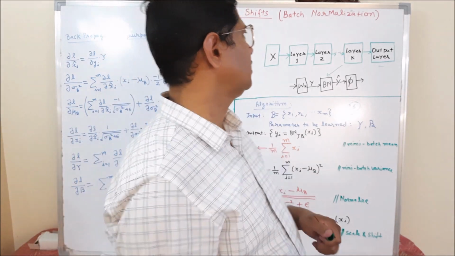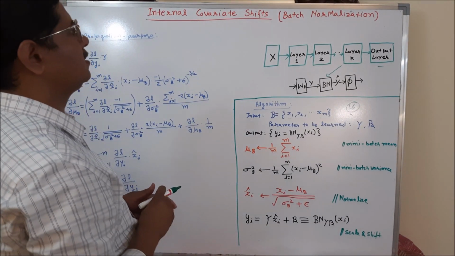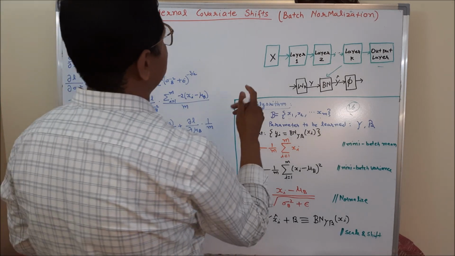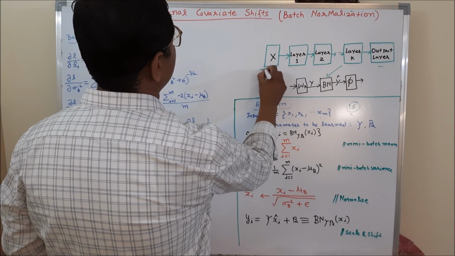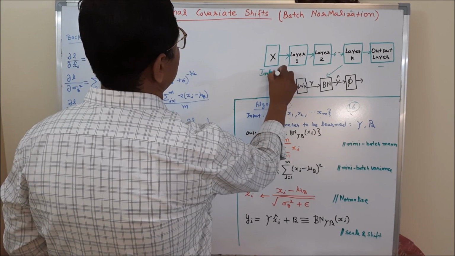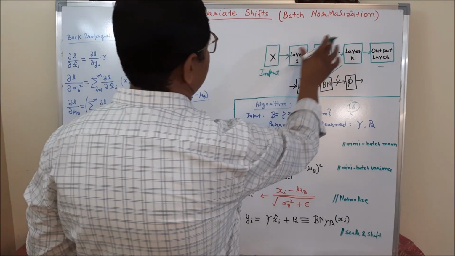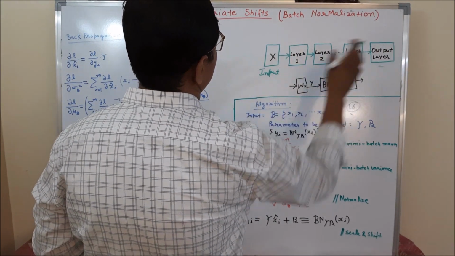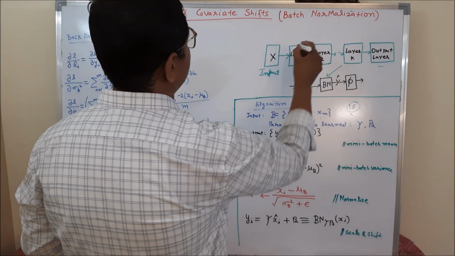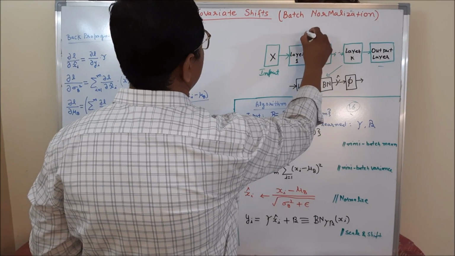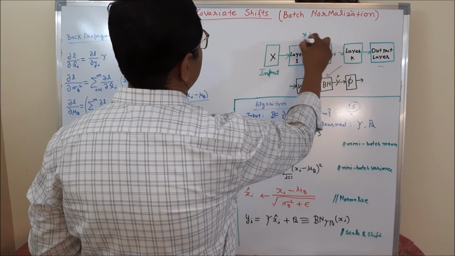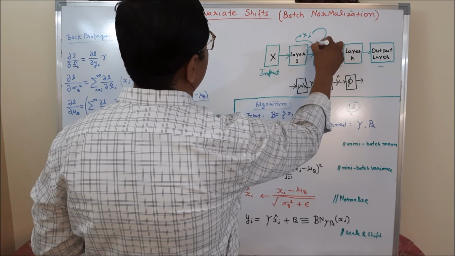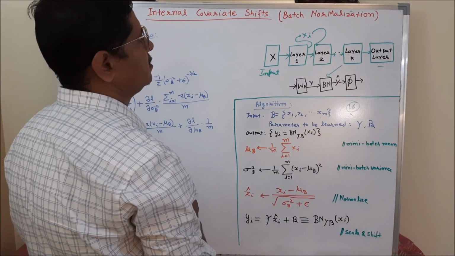So let us start. In the traditional deep learning architecture, we generally use an input layer, multiple intermediate layers, and then an output layer. We pass the data from one layer, like suppose this is the output of this layer, directly as an input to this layer.